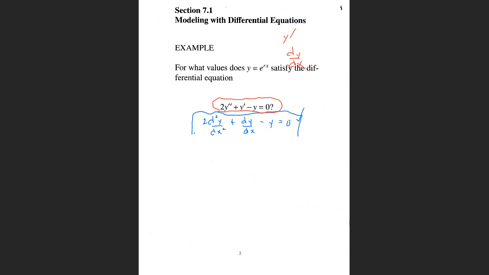Sometimes one is a little more convenient than the other. Okay, this is Newton's notation, the prime, and Leibniz notation for a derivative is dy dx. You've seen them both, right?